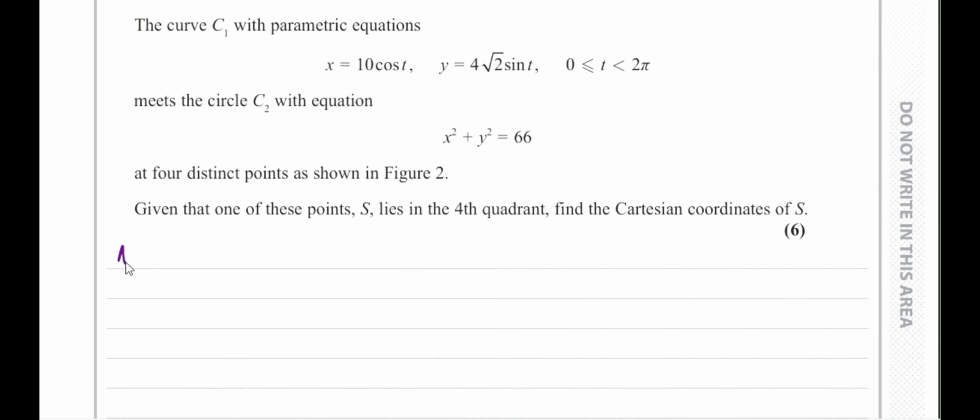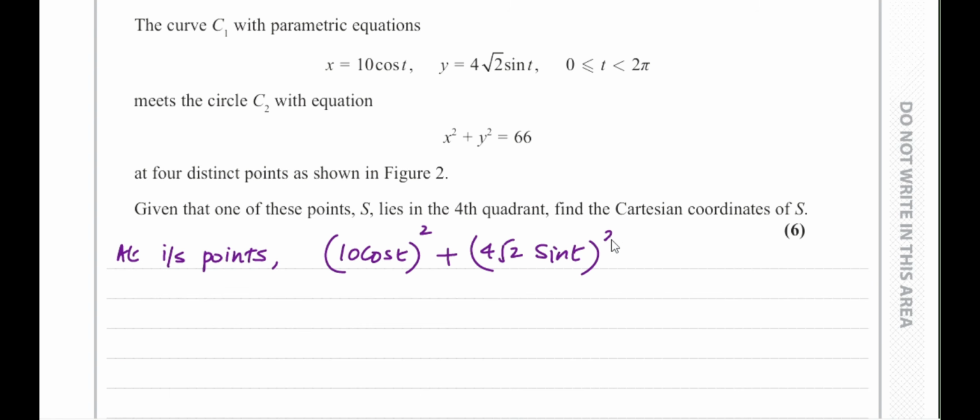So let's write at intersection points, (10 cos t) squared plus (4 root 2 sin t) squared should be equal to 66. Expanding this, we get 100 cos squared t plus 32 sin squared t equal to 66.